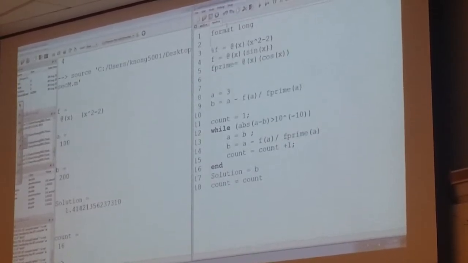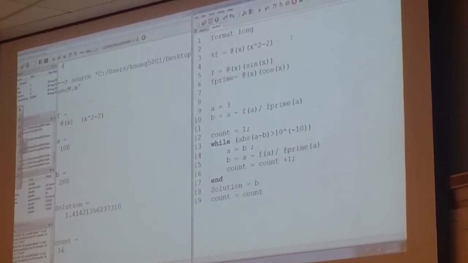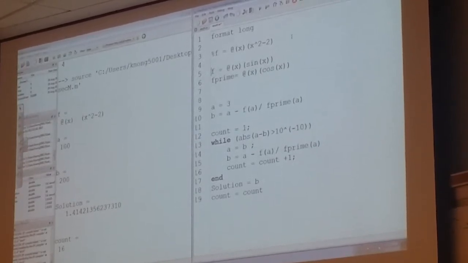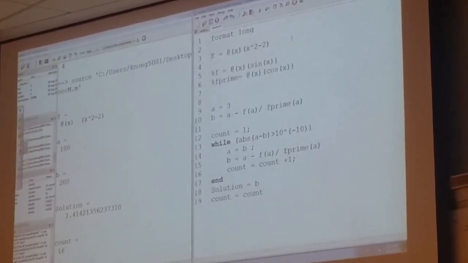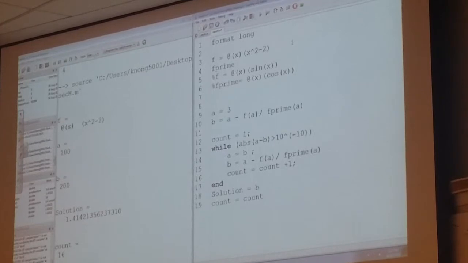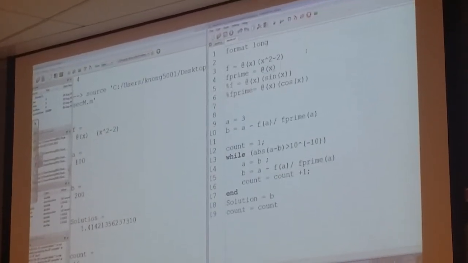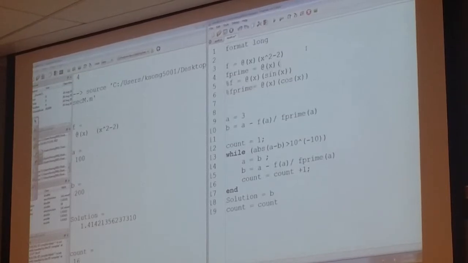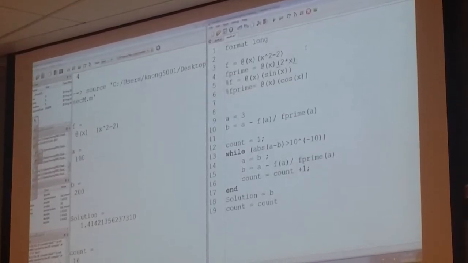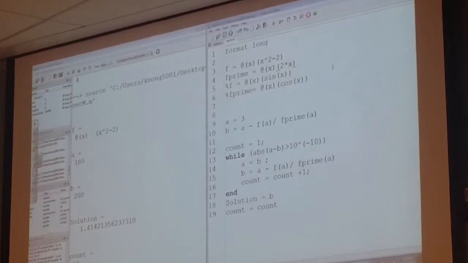Now for the Newton method, for each one of these, that means you also have a prime for each function that you do, yes? So if this is my f, what is my f prime here? 2 times x. Make sure you're using proper parentheses here.